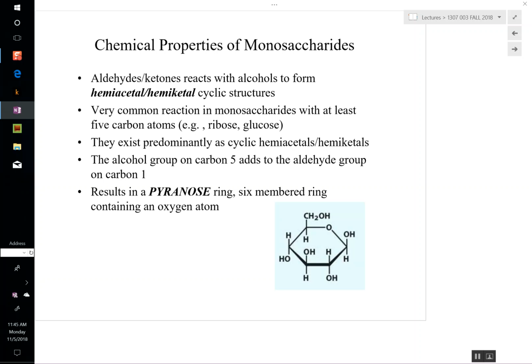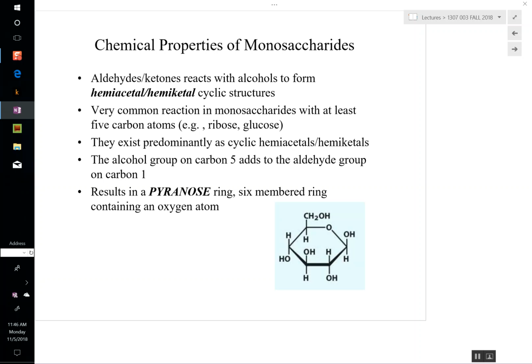When you do that, you eliminate one of the two bonds in the double bond. The H goes on the oxygen here, you get an OH. The whole rest of the alcohol attaches to this carbon right here. And you get that. This is a hemiacetal. It's the hemiacetal reaction. It's a reaction of one alcohol across one carbonyl.